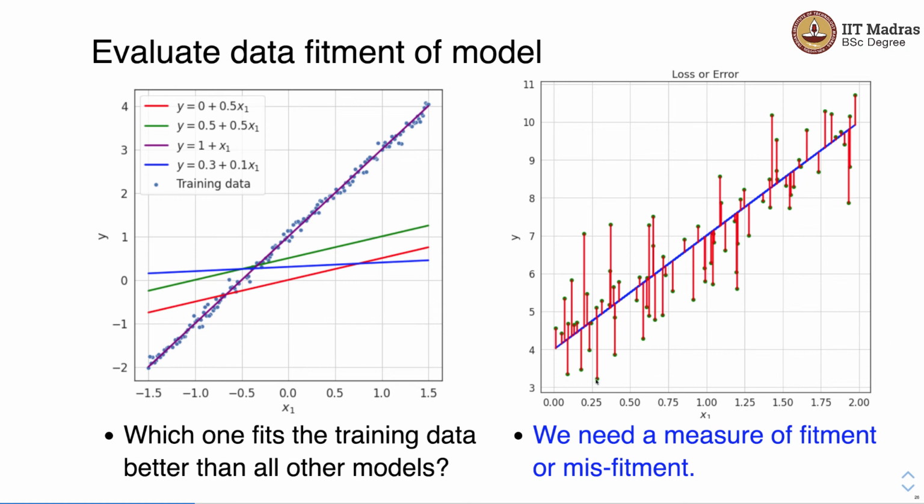This is the actual value of y in the training set, and because we had a model which is this blue line, for this particular x1 we get this particular value of y. So here there is an error that we incur because of this prediction.